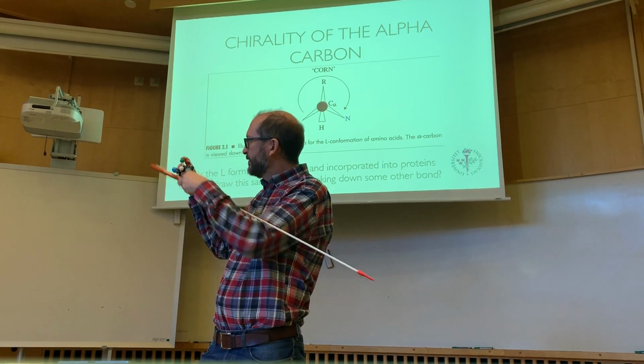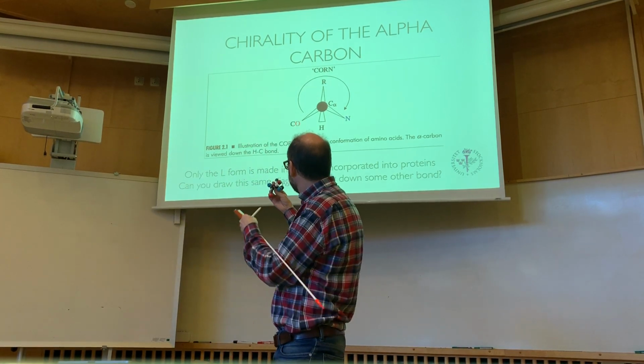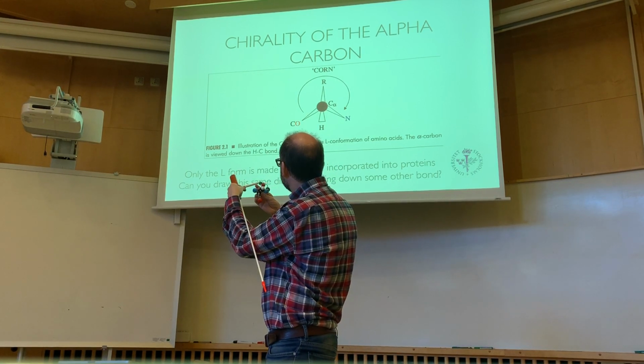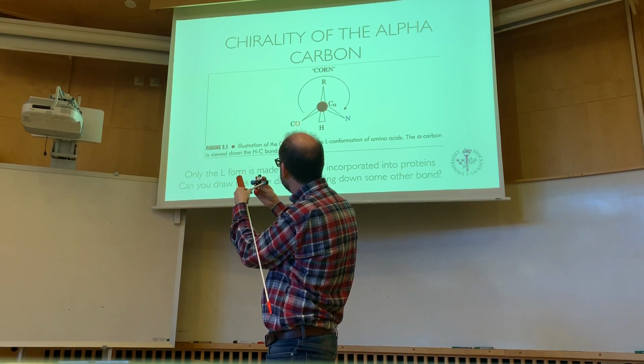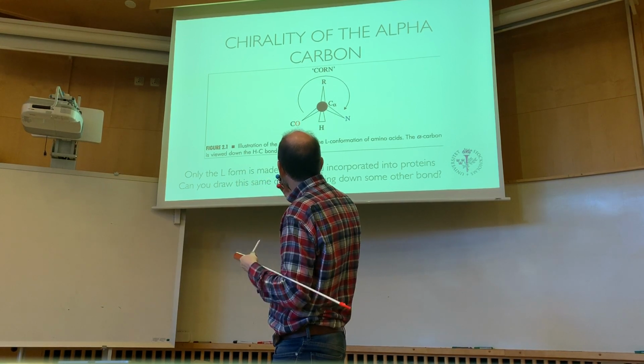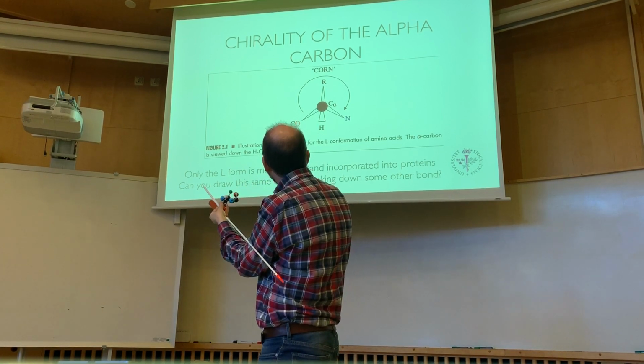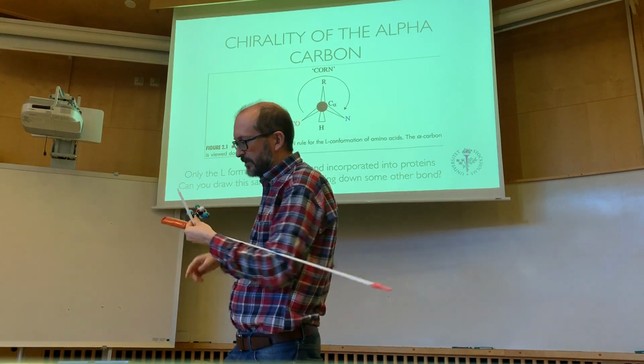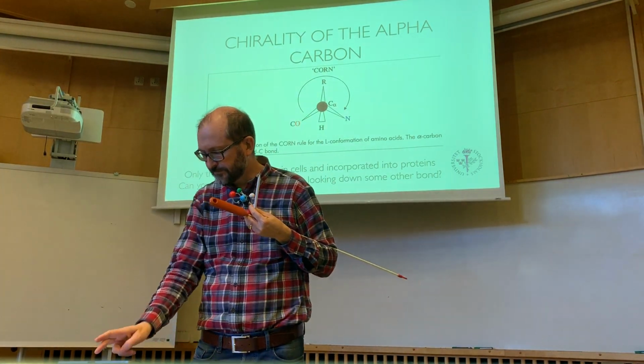We're going to look down the hydrogen at it, and what we should see is that the carboxyl carbon, the R, which is the side chain, and the nitrogen should be going clockwise. And if they're going anti-clockwise, then we have the R form.